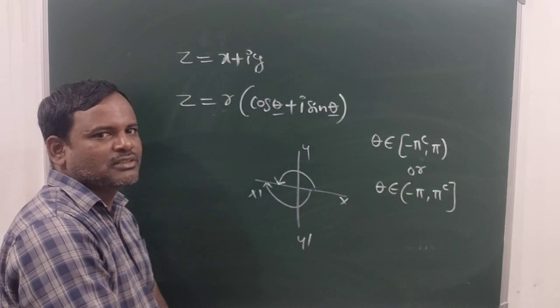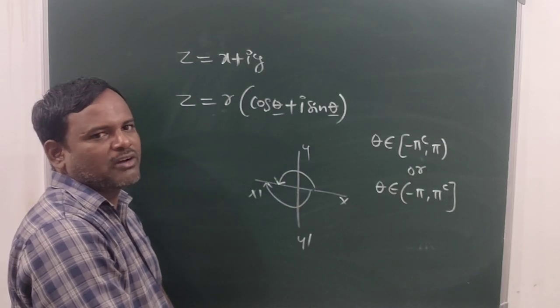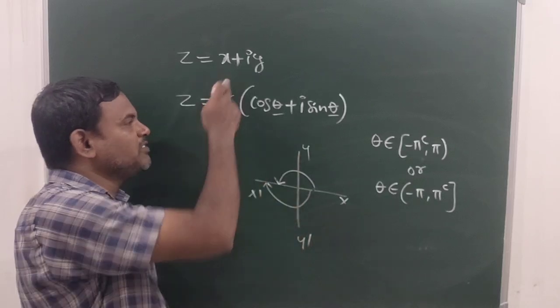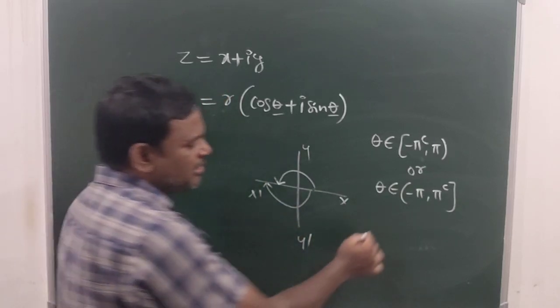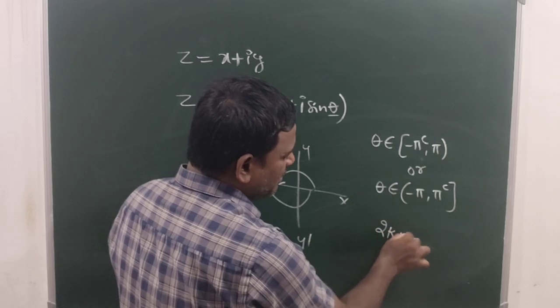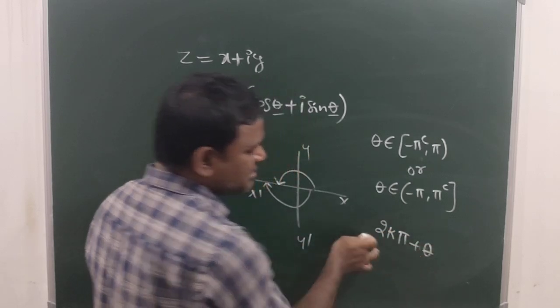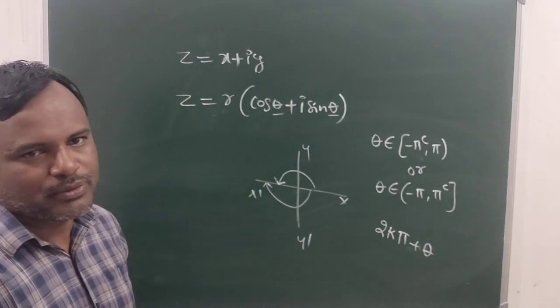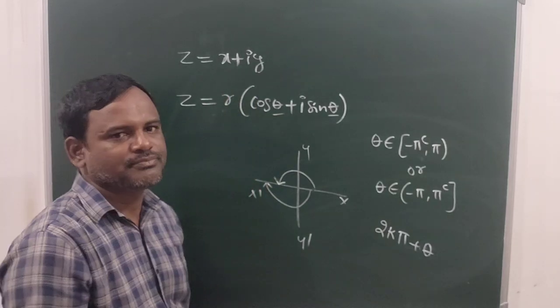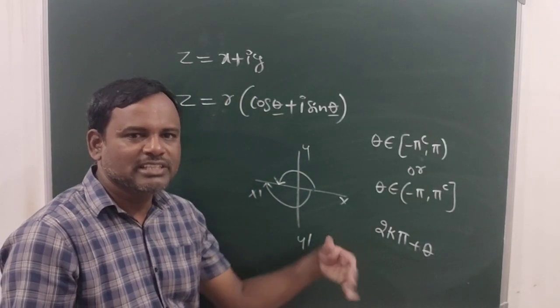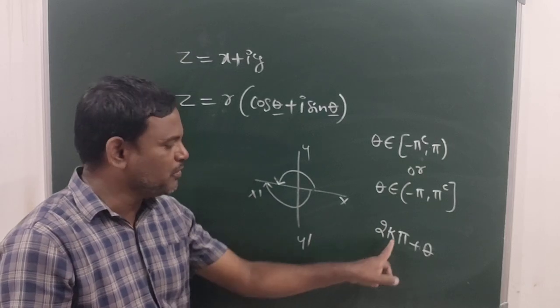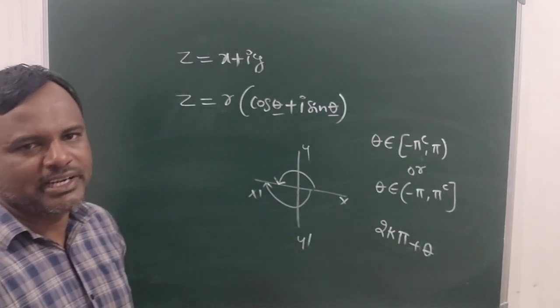Okay, students. So to get more number of solutions for this equation, you need to add 2k pi plus theta. This is called general amplitude of this complex number. This is called principal amplitude. If you write this expression, that gives us principal amplitude, where k belongs to an integer.